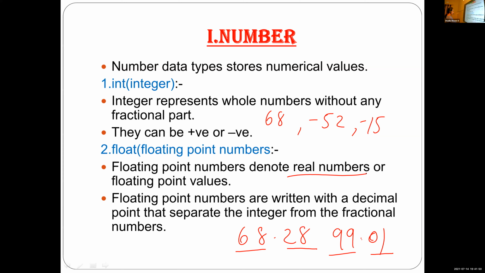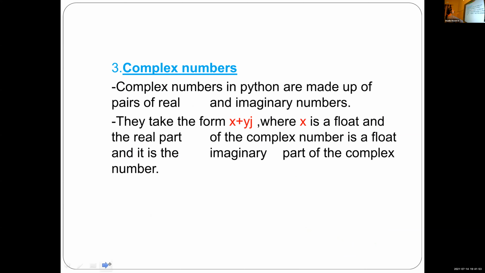Then the next one is complex numbers. Complex numbers in Python are made up of pairs of real and imaginary numbers. They take the form x plus yj, where x is a float and the real part of the complex number.